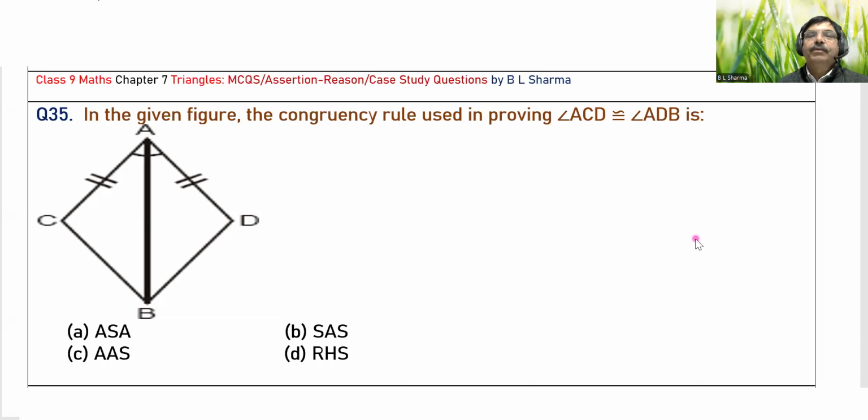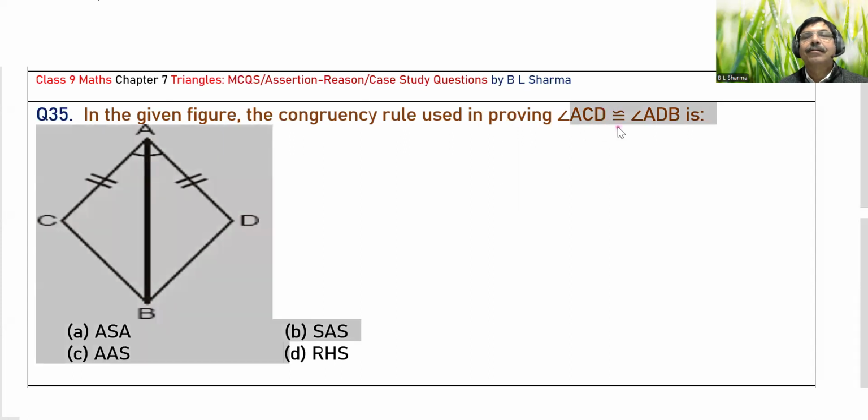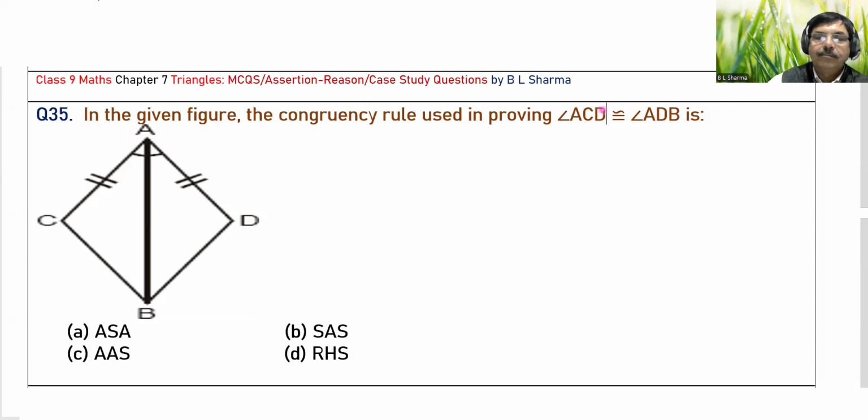In the given figure, we want to prove triangle ACD congruent to triangle ADB. Which of the following is correct?